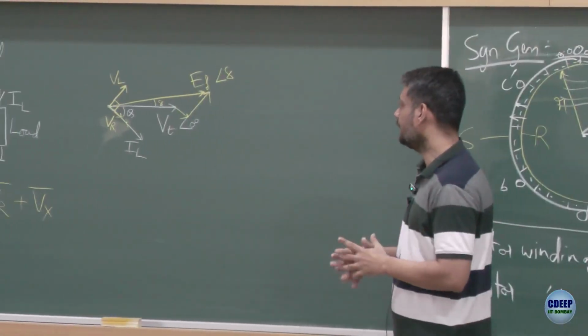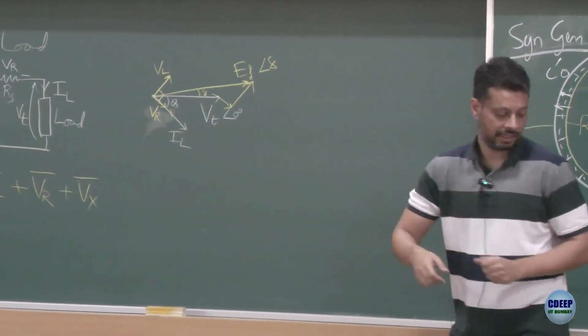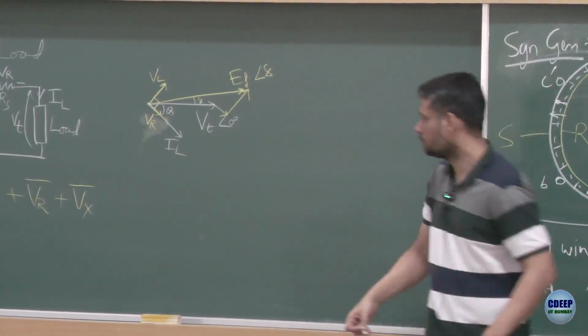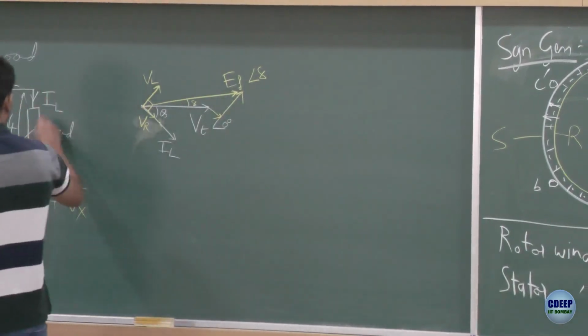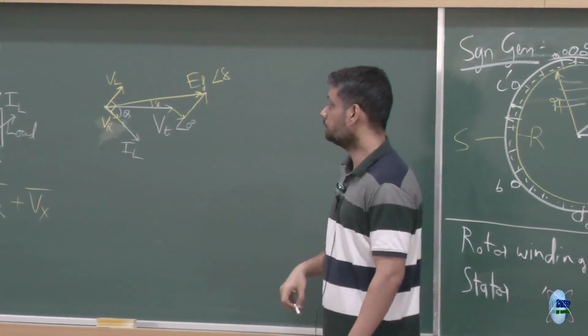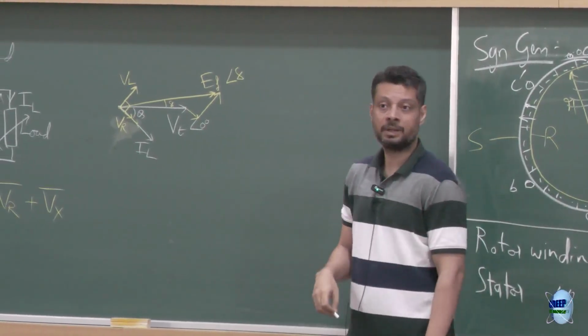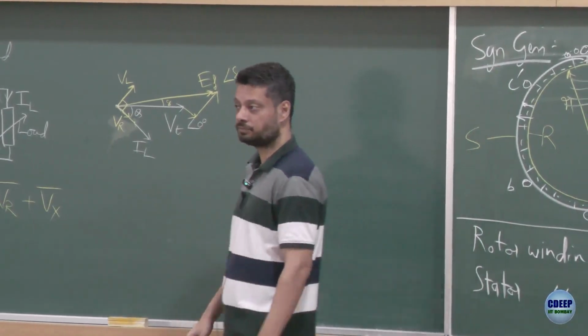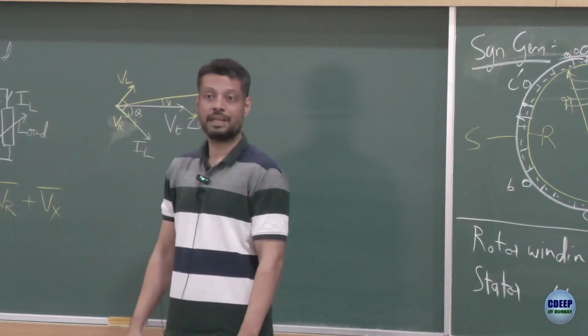But the main thing to see here is that if your load changes, if you turn on a few lights, you turn off a few lights, if your load is variable, then what else would be variable?